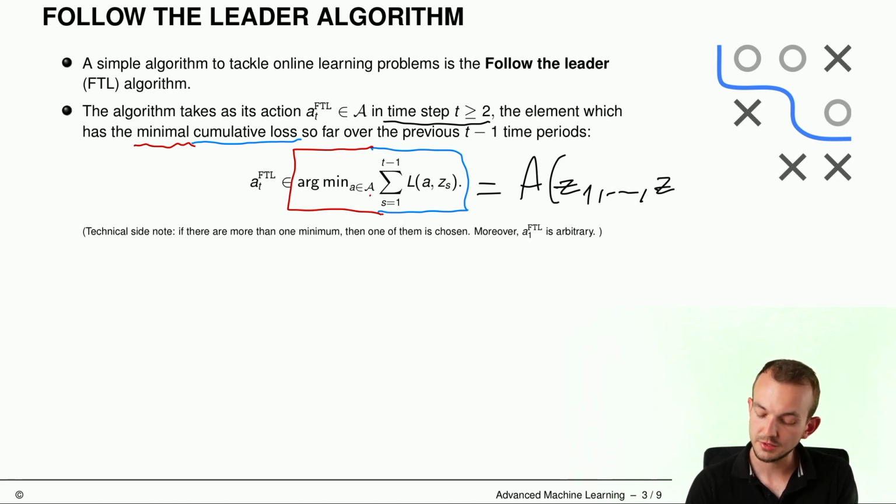So when we are in time step t, the data we have seen so far is z1 till zt-1, and well, here also the losses coming into play as we see here, right?